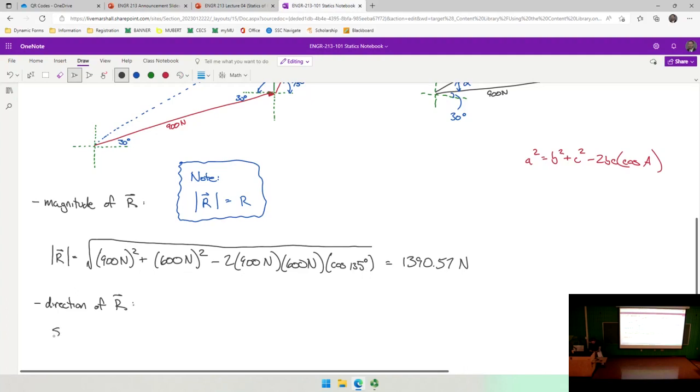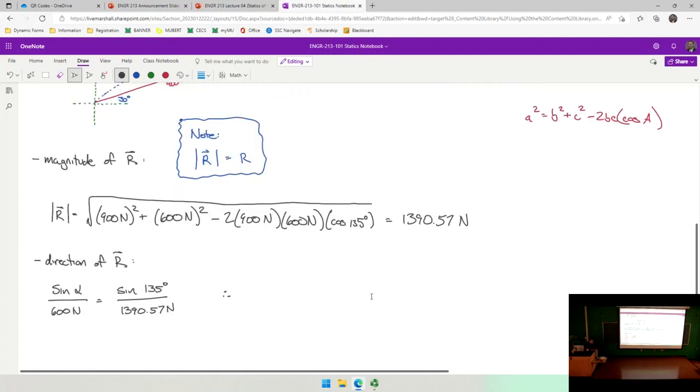We'll say that the sine of alpha divided by 600 newtons has got to equal the sine of 135 degrees divided by 1390.57 newtons. So therefore, how do we go about this? Let's multiply the 600 newtons over here, right? So we'll multiply both sides by 600 newtons. Here, I'll do that.